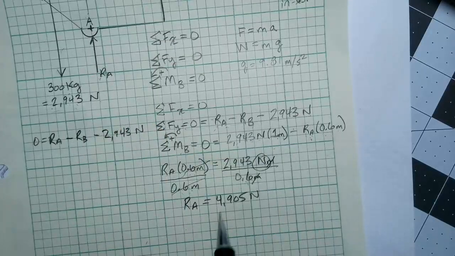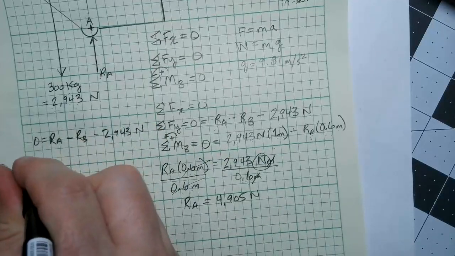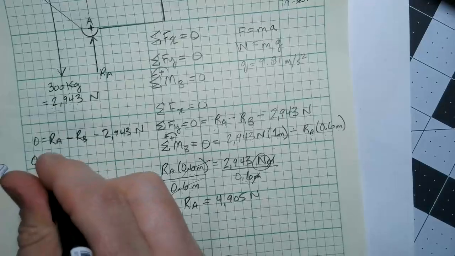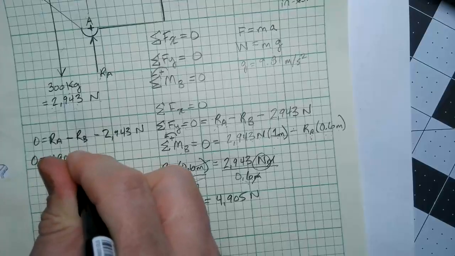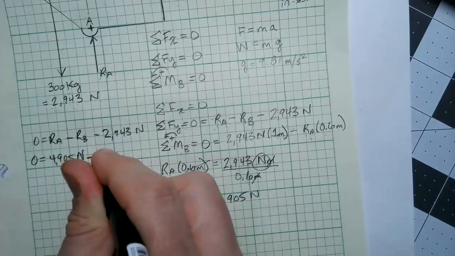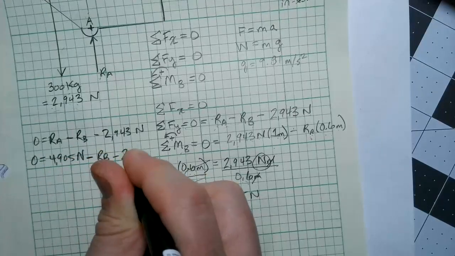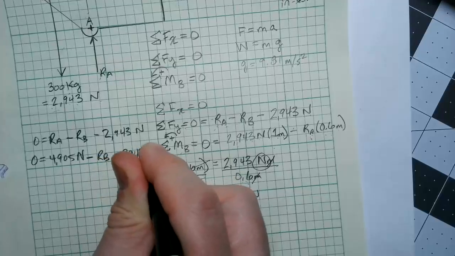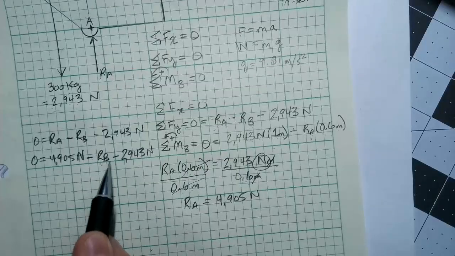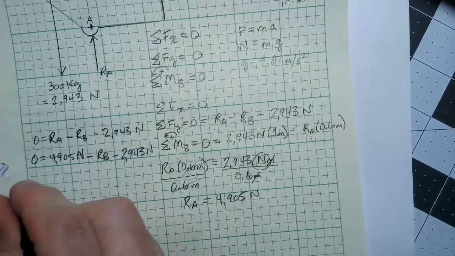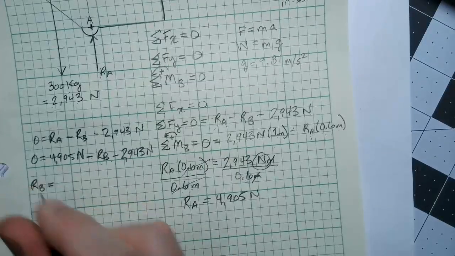And now we can plug RA into there, and the equation becomes 0 equals 4,905 newtons minus RB minus 2,943 newtons. So now we can add RB to both sides of the equation. So we end up with RB on the left. It cancels on the right.